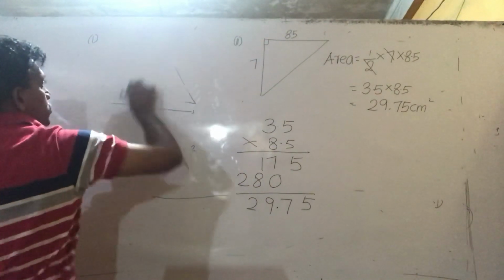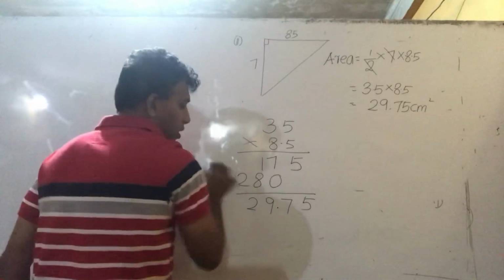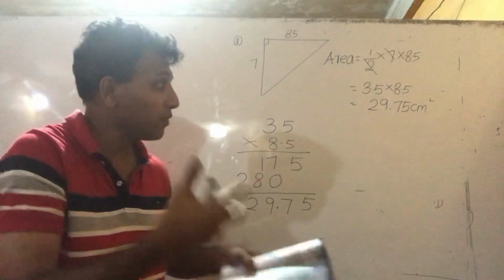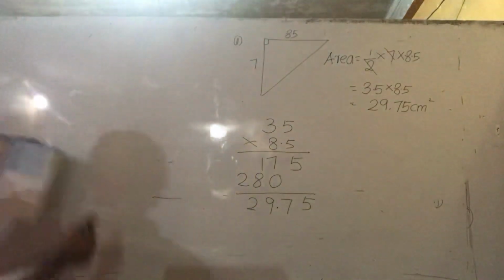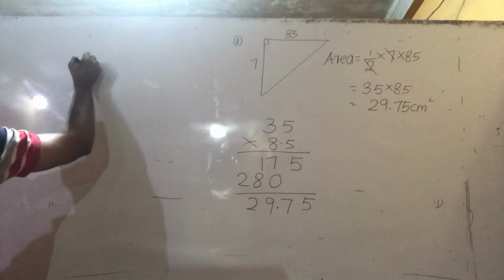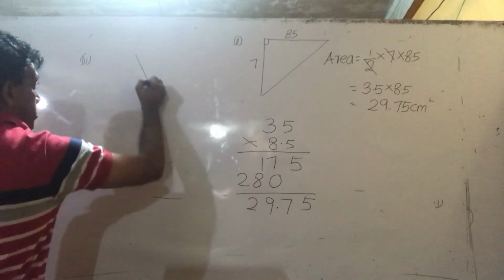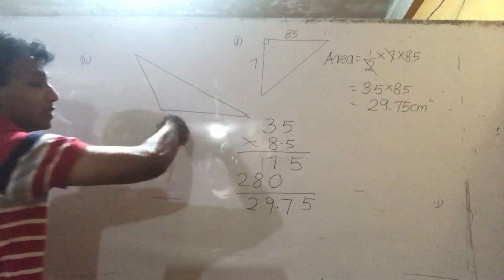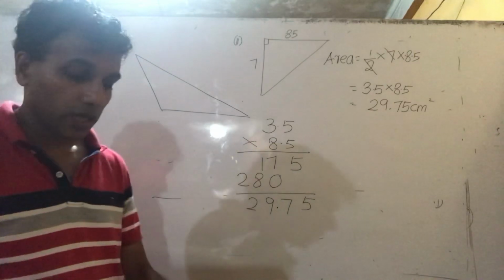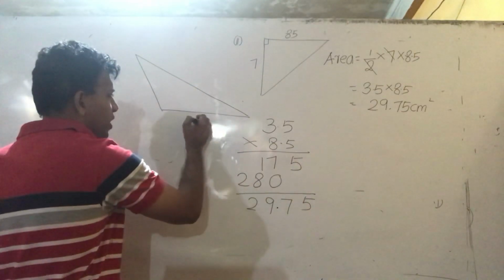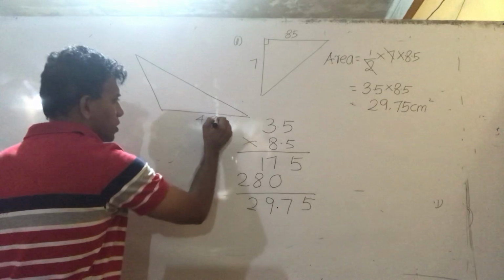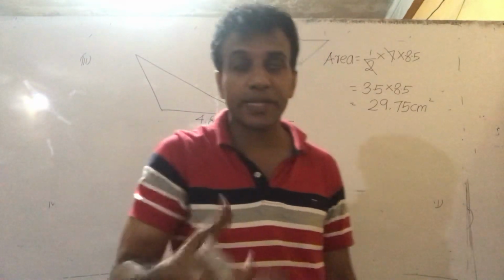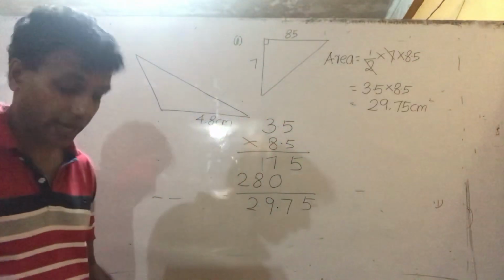See the next question, the third one. Try on your own, now you have a good idea of calculating the area. Chapter number 20: during this long school vacation, cover your syllabus parts as soon as possible. So the third diagram: the bold line, an obtuse angle triangle is given, okay? Here this is 4.8. I don't know why they gave all decimal values. A student must practice more decimal multiplication.